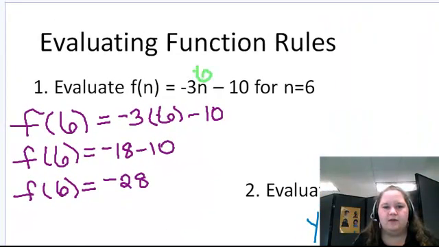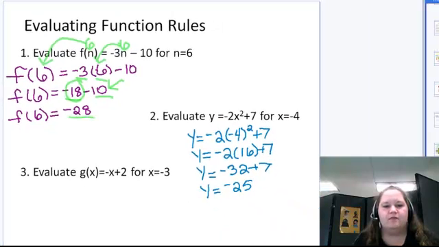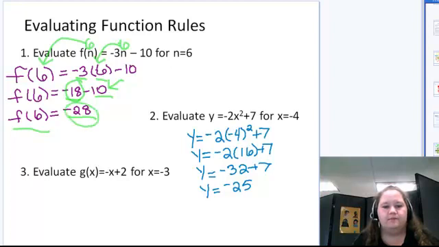All I'm going to do is put that 6 in the place of n. So that's why this 6 is here, and this 6 is here. So I just say -3 multiplied by 6 becomes -18, and then I bring down my -10. So -18 minus 10 is -28. So f of 6 is -28.